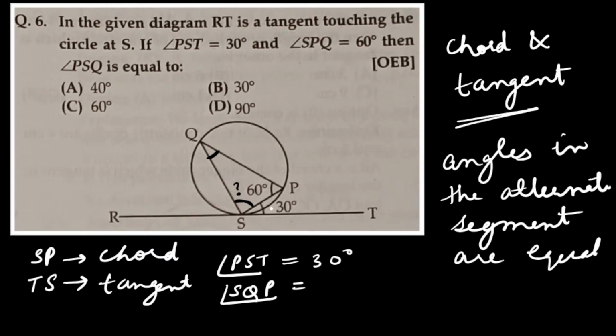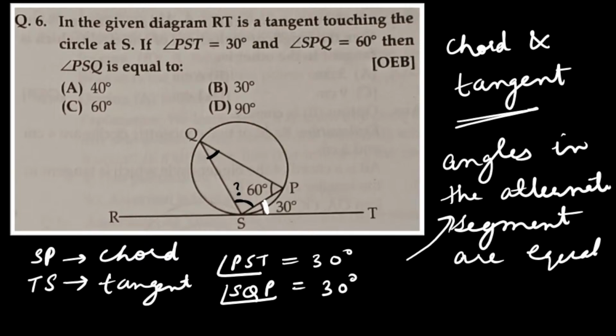You can see if you move along S and P, they are meeting at point Q. So this angle will also be equal to 30 degrees because this angle is equal to PST, because of this property, angles in the alternate segment are equal.